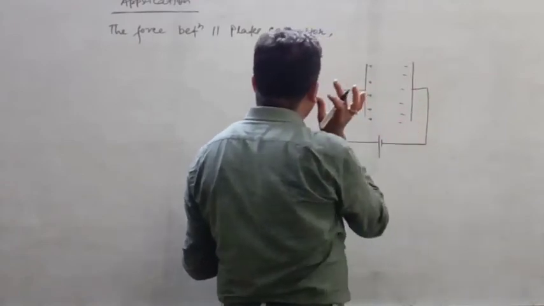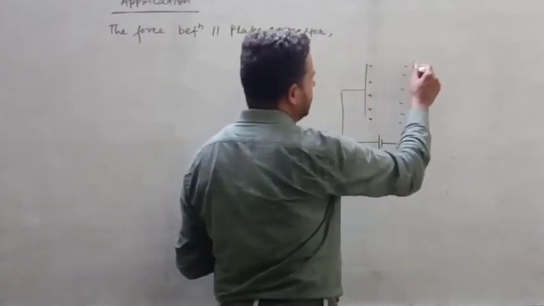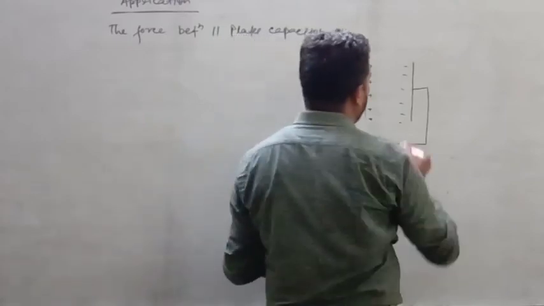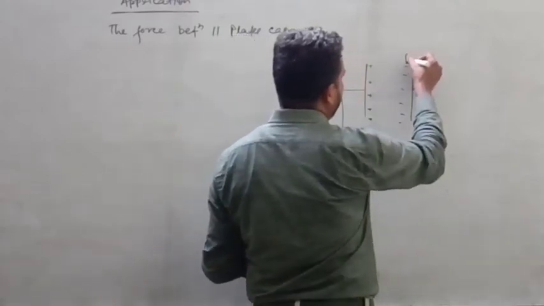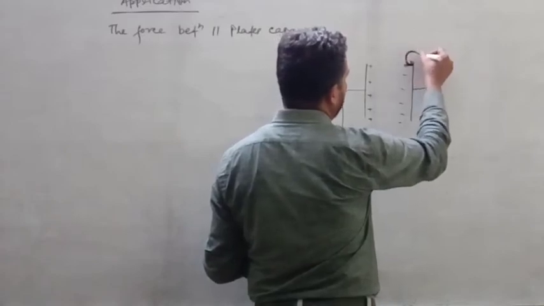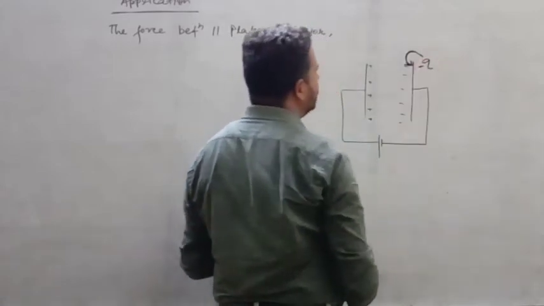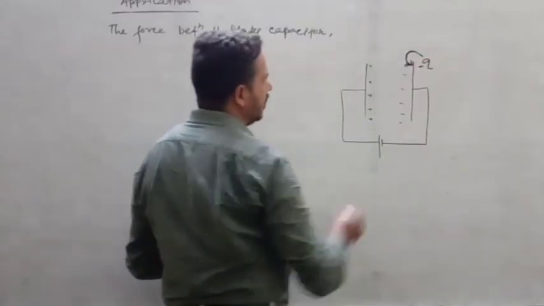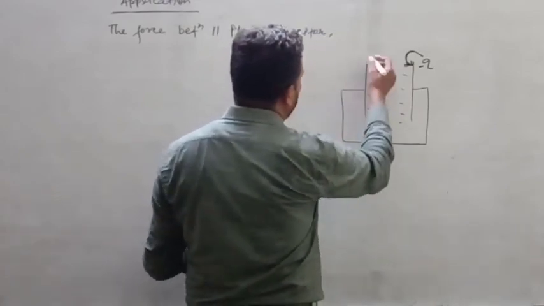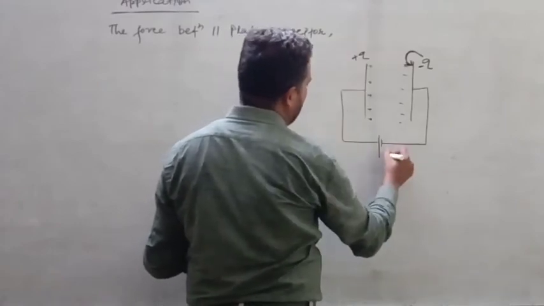And you see that electrons are distributed on its surface, so there is a net charge represented by Q with negative sign on its surface area. And here is the positive charge, so plus Q accordingly, and this is your potential difference.